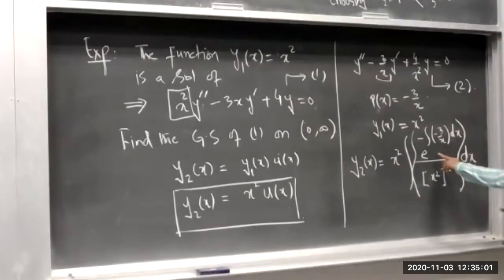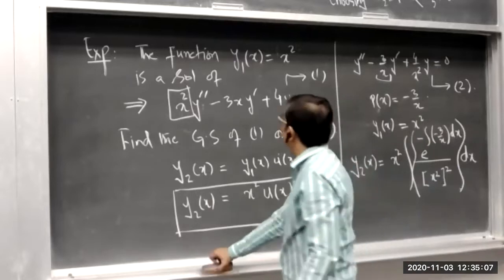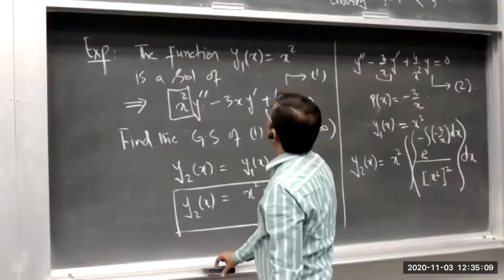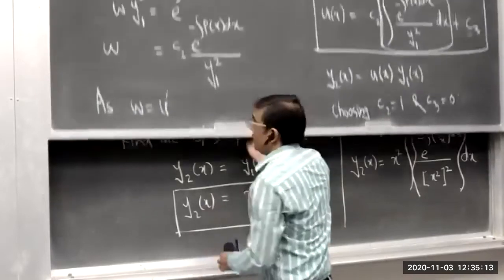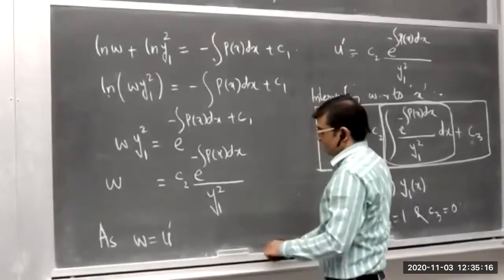Now, what is this? It is e raised to the power minus 3. Sorry, let's simplify this. Let me simplify this thing for you.